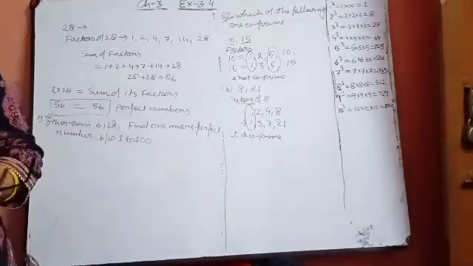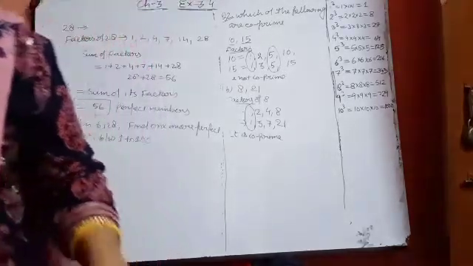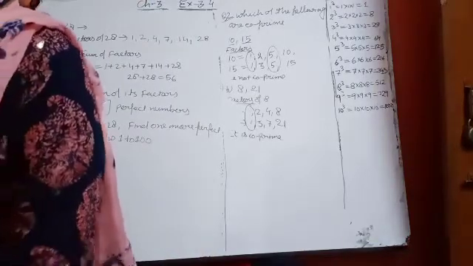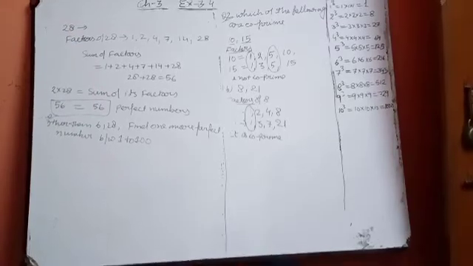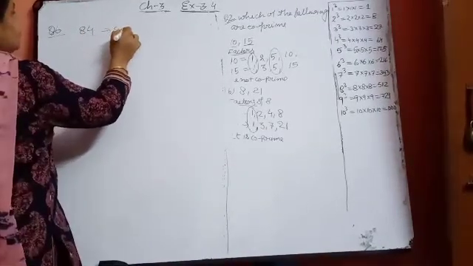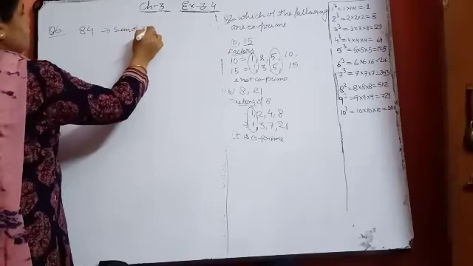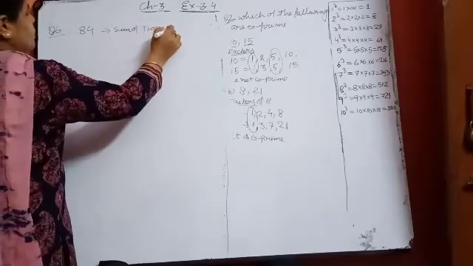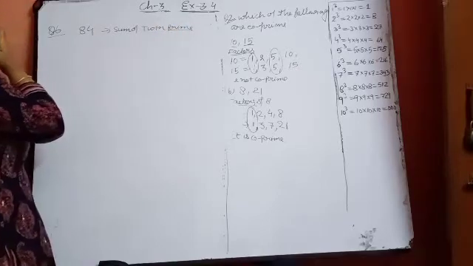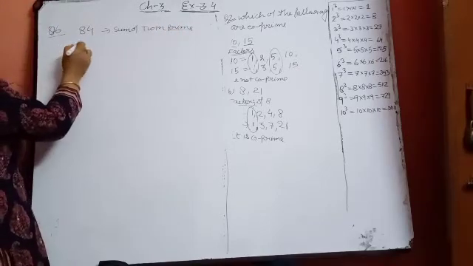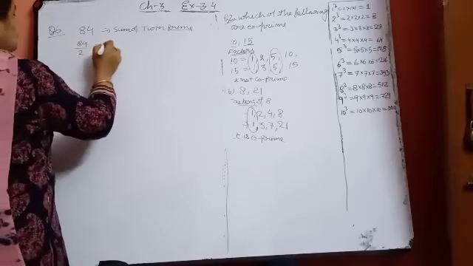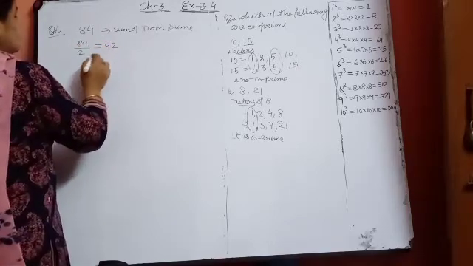Okay beta, now we are moving to the next question. This number we have to write in the form of sum of twin primes. Every child now knows how we find the twin primes. Again, you just do 84 divided by 2. What will you get? 42.